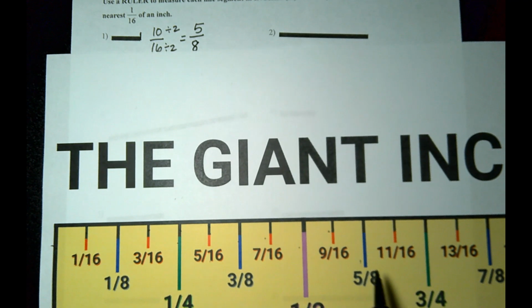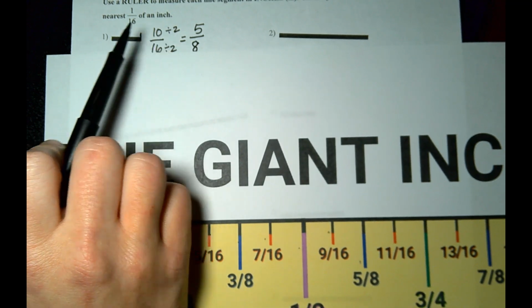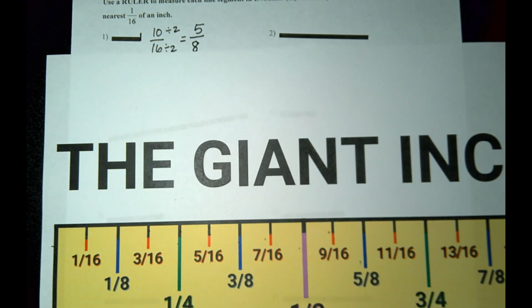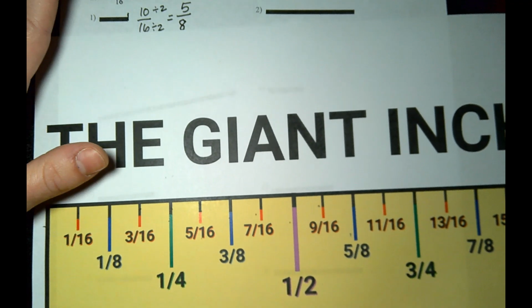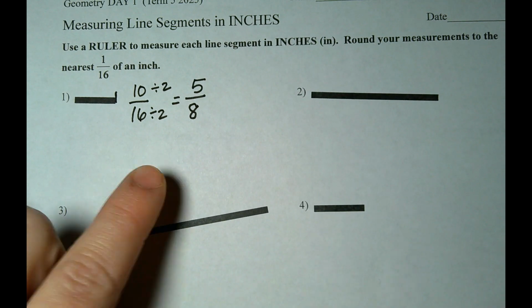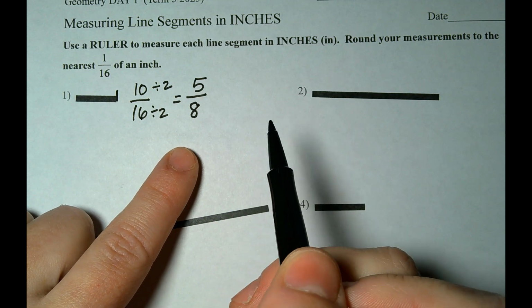So it's correct. If you're unconfident about simplifying the fraction, you can always go to this paper of the giant inch and just count the spaces over. All the simplified fractions will be on this sheet. Feel free to use it as you want. So our answer for number 1 would be 5/8 of an inch. There's a couple ways you can write this.